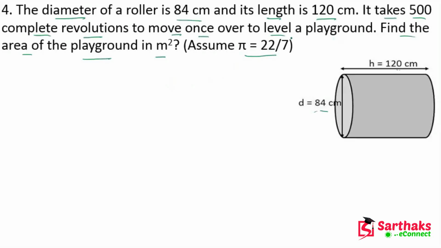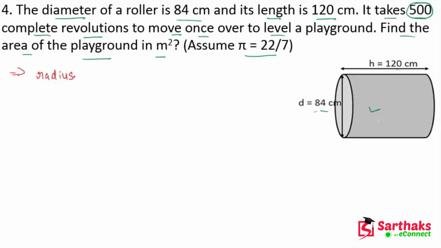So for finding the area of playground, first of all we have to find the area of this roller, and then we have to multiply with 500. Got it? Now the roller is in the form of a cylinder.